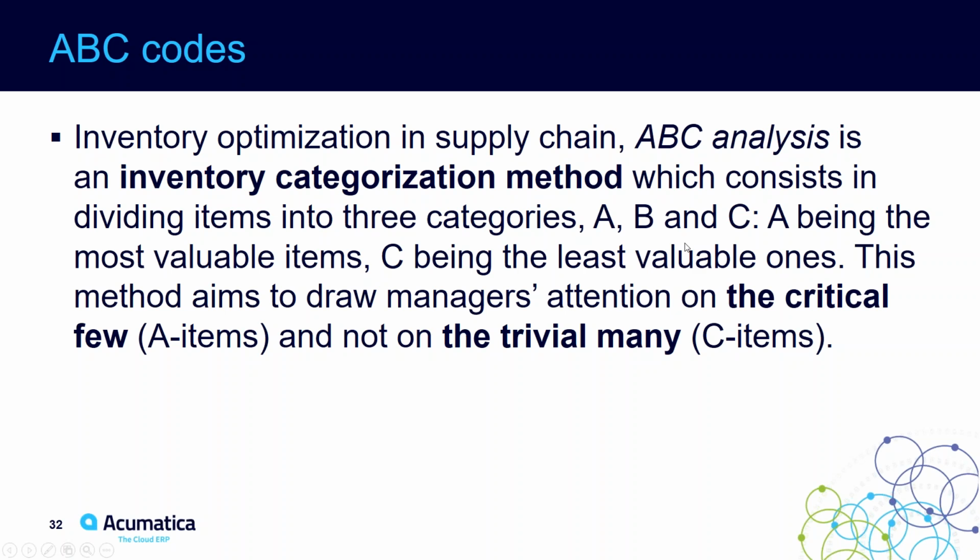In this case, we have code A for the most valuable item, and code C will be the least valuable. So in our company, we have the computers and laptops as A, and our mice, headsets, or accessories are going to be classified as C type items.